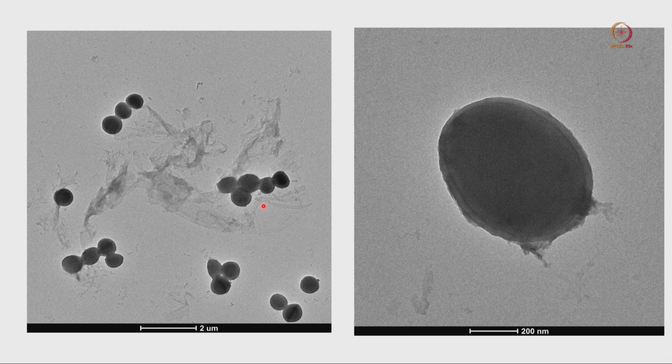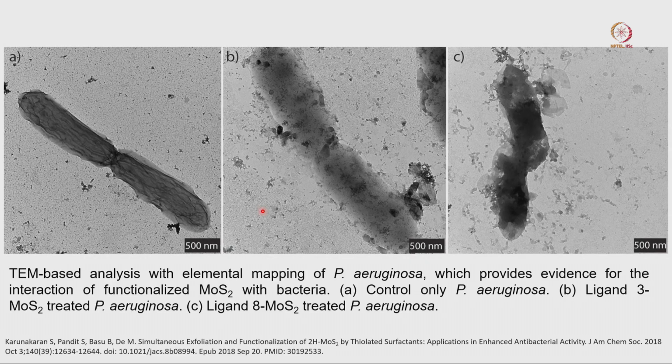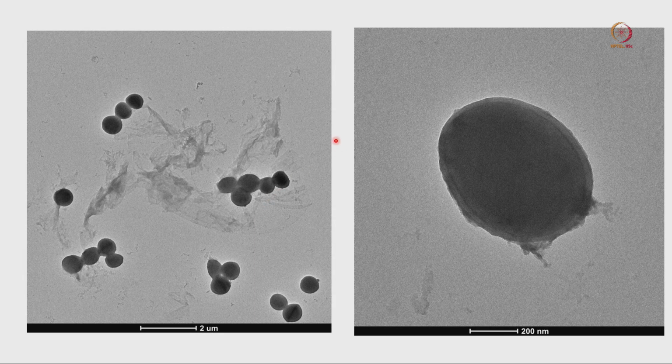It is damaging the bacterial membrane, and lots of fluids and other materials are coming out from that cell, which is spread all over the grid. So if you image it properly, you can get lots of information here. Not only that, if you focus on this enlarged view of one particular bacteria, you can see there is a lot of damage in different positions, and in some areas the bacterial membrane is not very smooth.